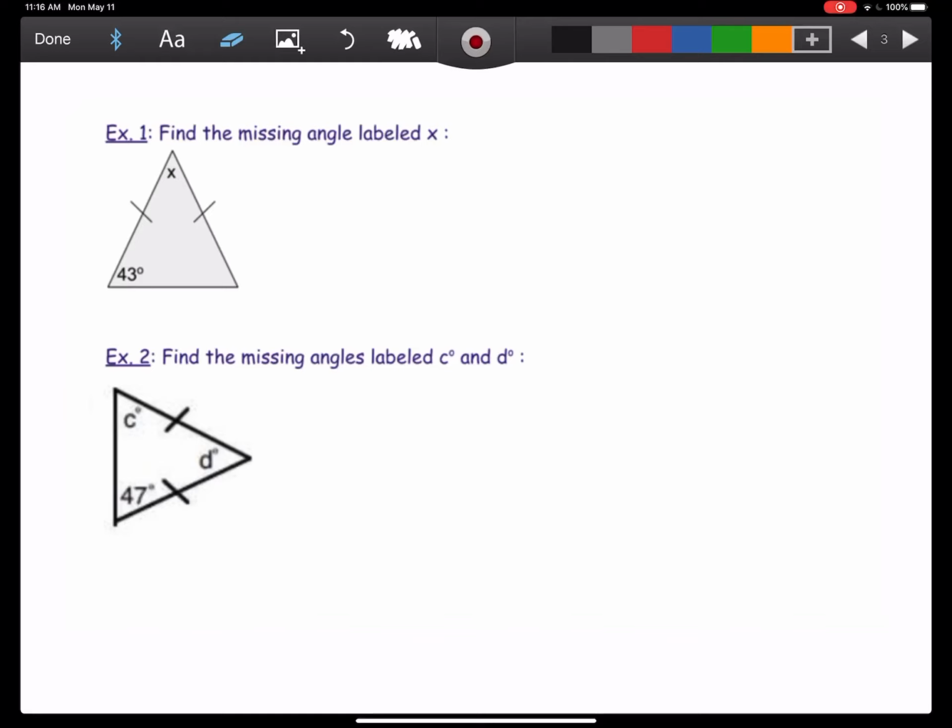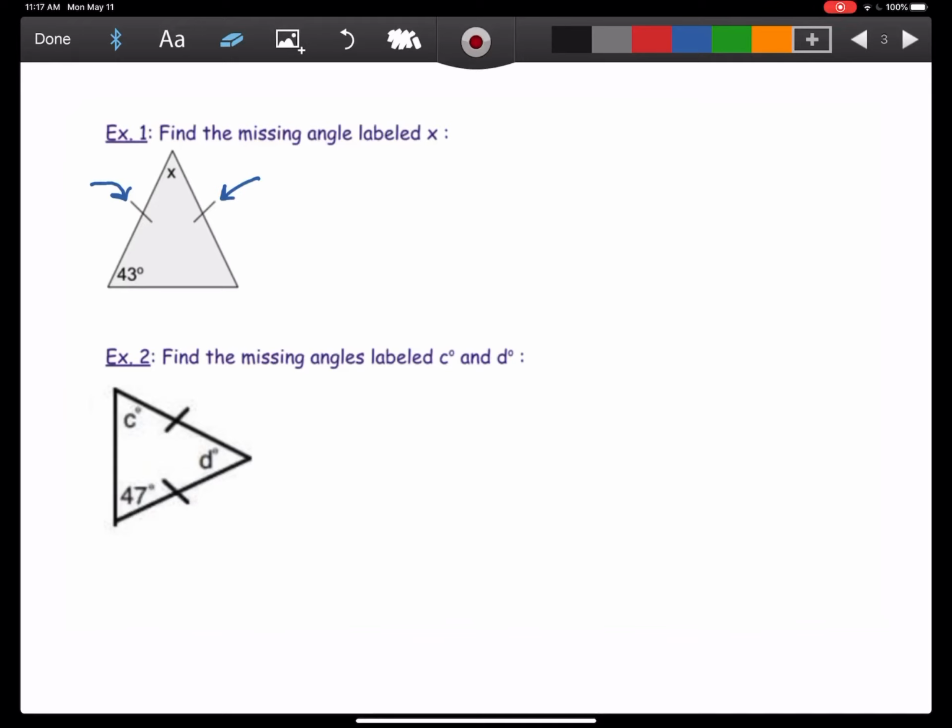It says, example 1, find the missing angle labeled X. Okay, so we're looking for X. And if we think about the notes that we just took, it says locate the two equal angles. The way we do that is by finding the two matching tick marks. These are our two matching tick marks.